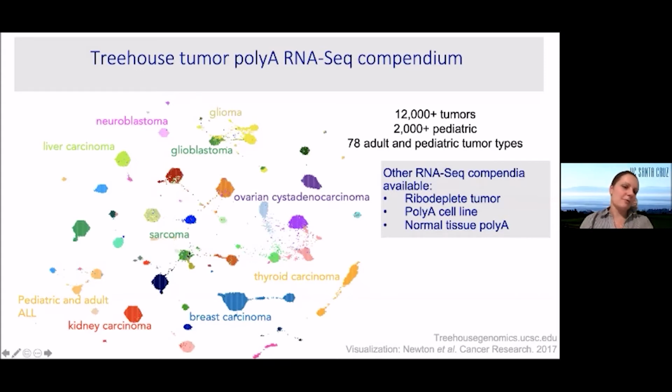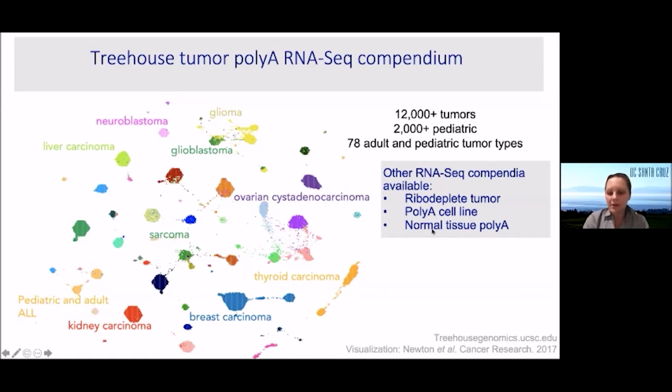This provides a visual representation of the data we have. And the data comes from various different studies, including large studies like TCGA and TARGET, but also small individual studies. We currently have over 12,000 tumors, over 2,000 pediatric. So we also have adult tumors in here, as you can see from the diagnoses.